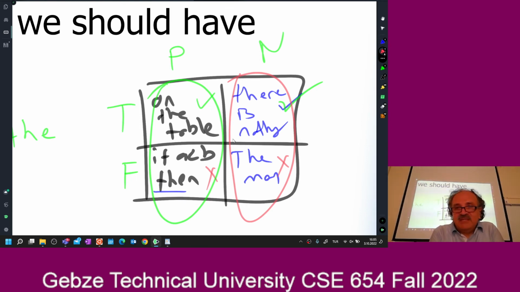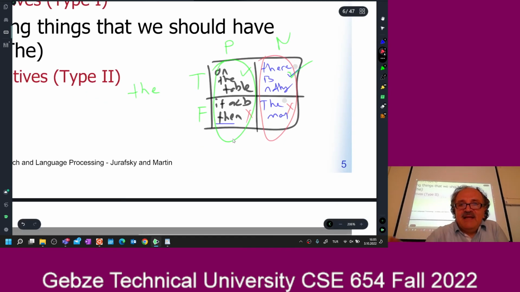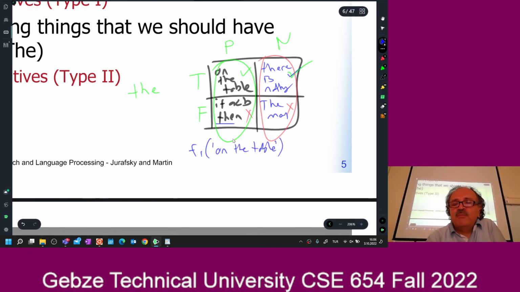I am just saying, let's say I have a function. Function name is f1. I give the string to the computer on the table. The computer is going to give me a true or false. On the table it says true. There is a "the" in here.